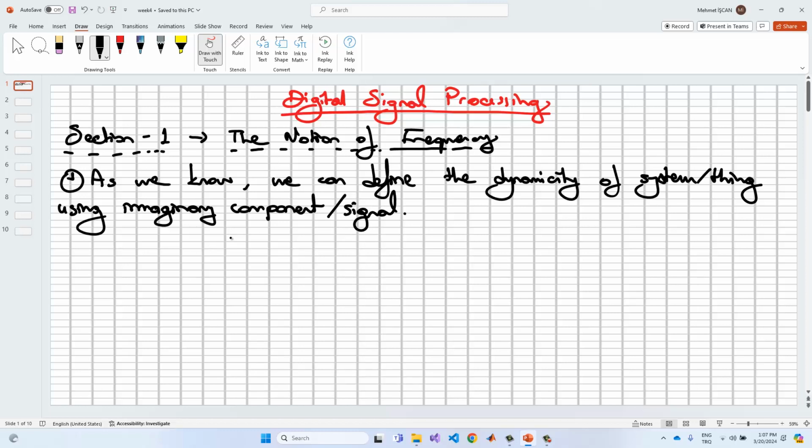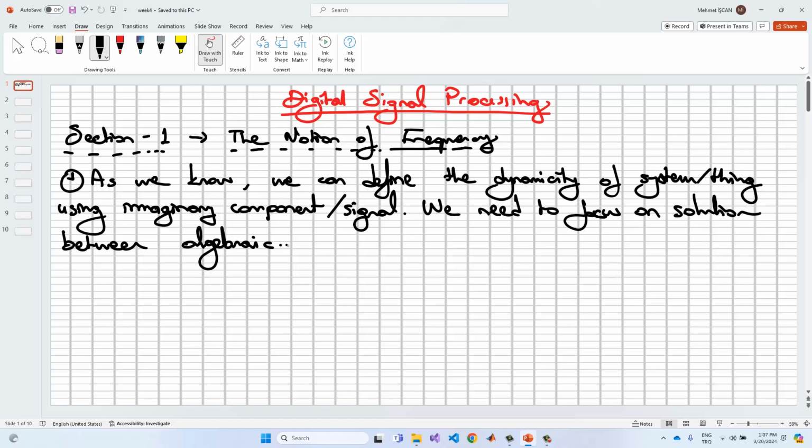Now we need to focus on the solution between the algebraic and geometric representation of frequency. This is our basic form for our topic.